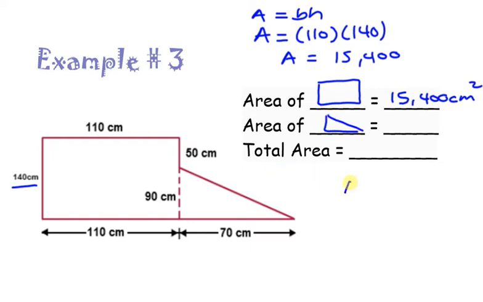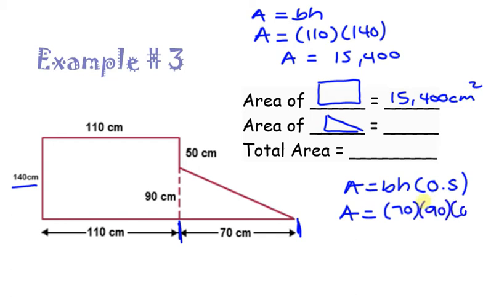All right, now let's talk about that triangle there. So the area of a triangle is area equals base times height times 0.5. So we have area equals, now the base of the actual triangle from right here to right here is 70. The height of the triangle is 90, and then times 0.5.